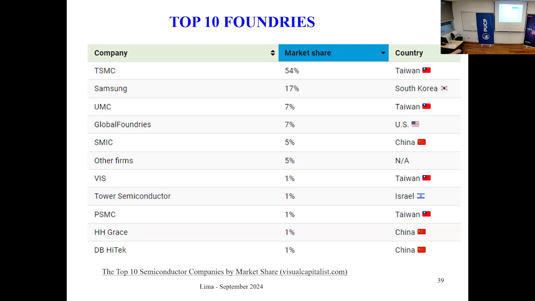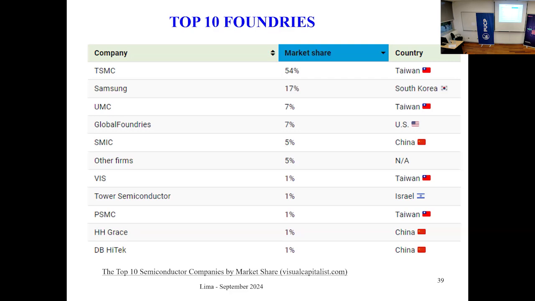You see here that the main foundries are in Asia. Taiwan has most of the foundries, especially this one here, which participates with 54% of the market. So TSMC is also worried about this because it's a Taiwanese company and China is always saying Taiwan is ours.